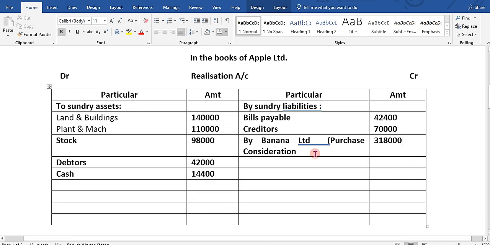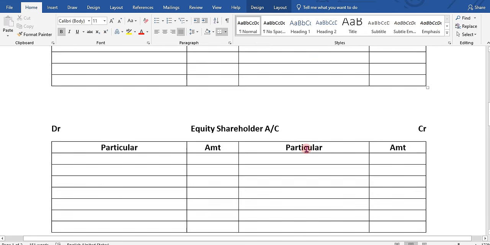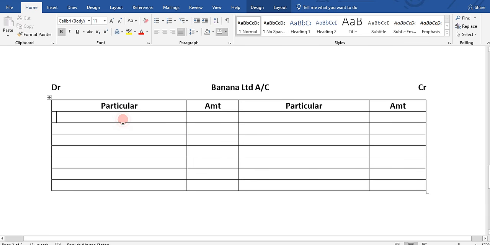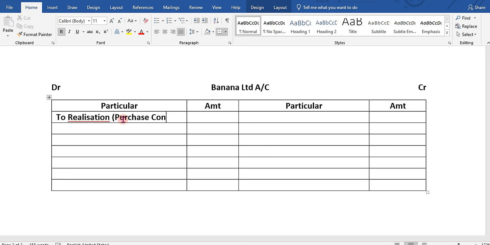Okay, so the first effect of purchase consideration is given in realization account, credit side. Now in Banana Limited account, the second effect of purchase consideration will be to realization account. To realization account, this amount is of purchase consideration.